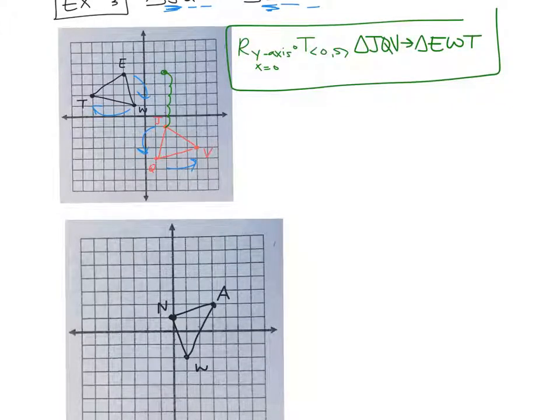Okay, then you have this other triangle, PRQ. P is at negative 1, 2. Oops, right where my N is. R is at 0, negative 1. And Q is at negative 3, negative 2.